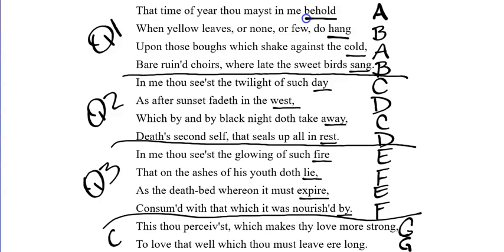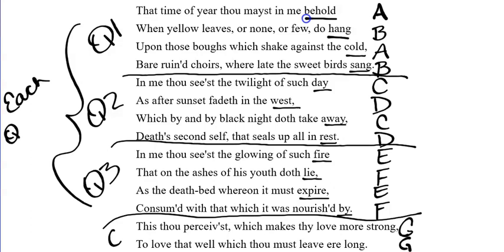So what is the point? As we read these, you're going to see there's a reason to be able to do rhyme scheme and to be able to divide into parts like quatrains, couplets, or octave and sestets. What each one of these does is, each quatrain develops a metaphor.